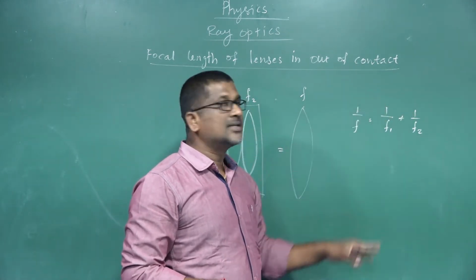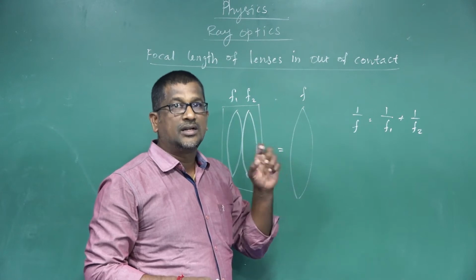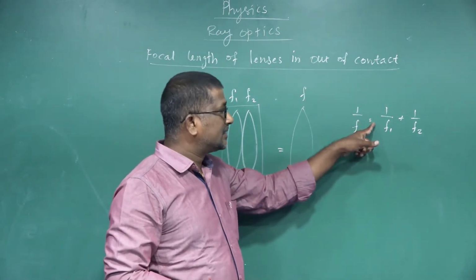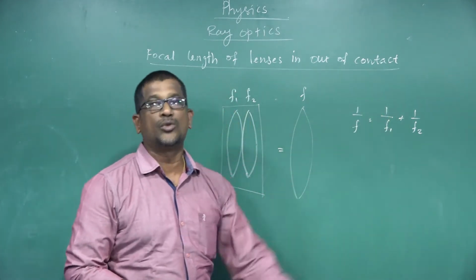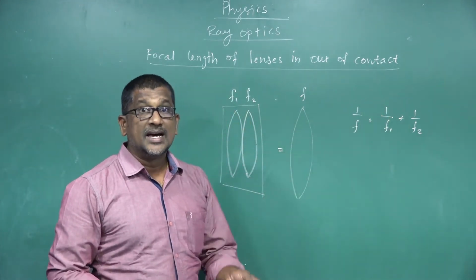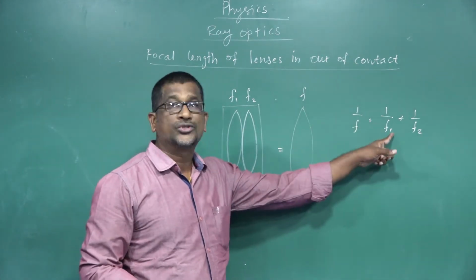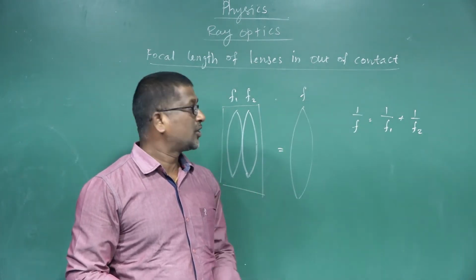From this equation, it is clear that the reciprocal of the focal length of the equivalent lens is equal to the sum of the reciprocals of the focal lengths of the individual lenses.